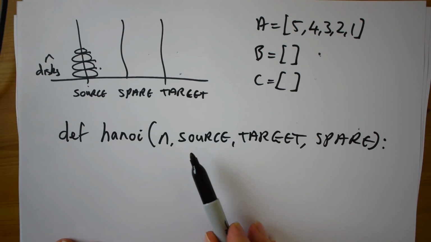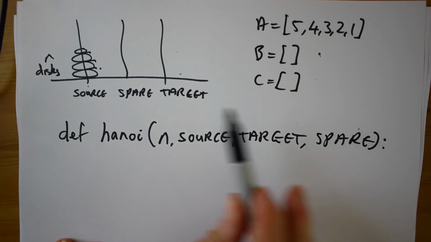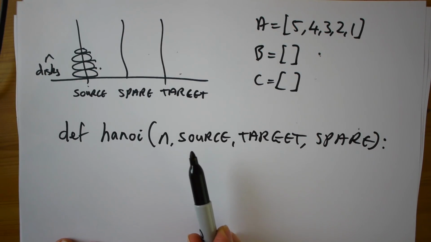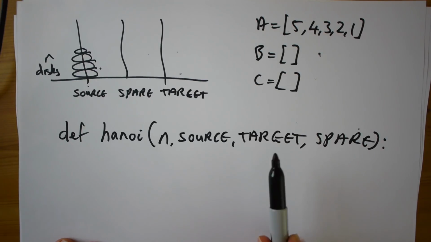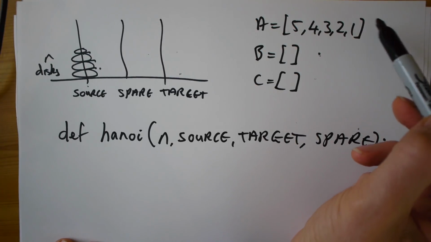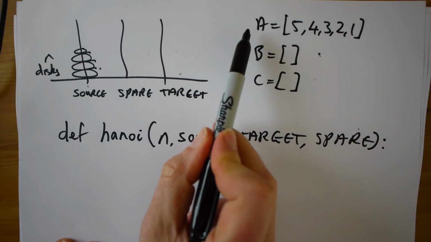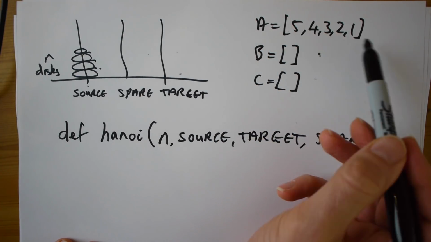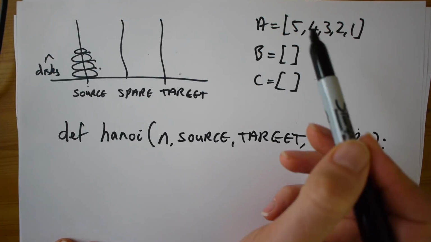So this function has placeholders for the parameters that eventually will go into the function. And these placeholder variables are source, target, and spare. Now the actual variables that will be going in here are these lists A, B, and C. And in this case, A is a stack, or a list, with 5 disks, and B and C are empty.